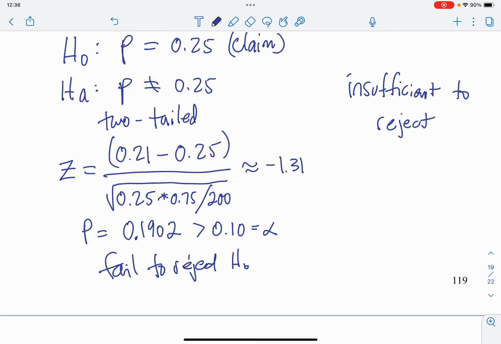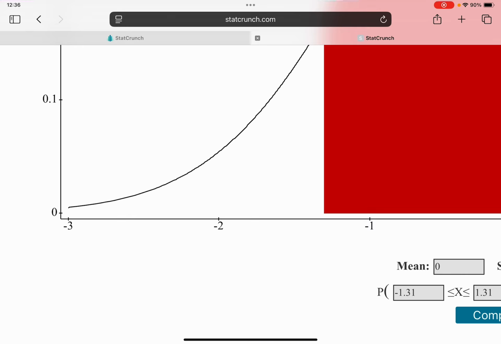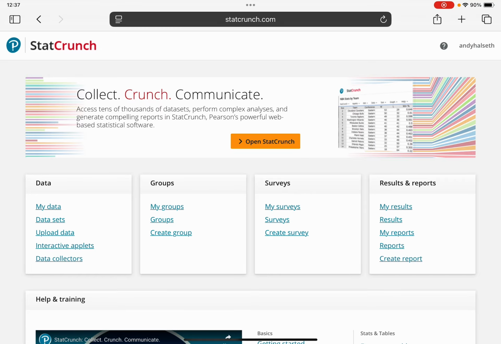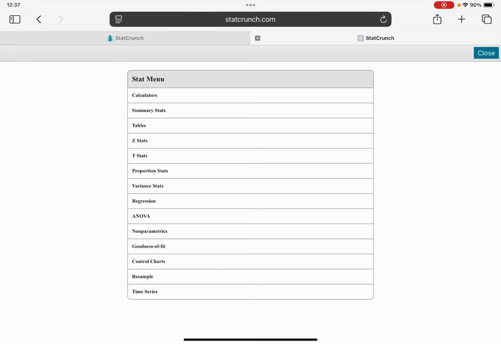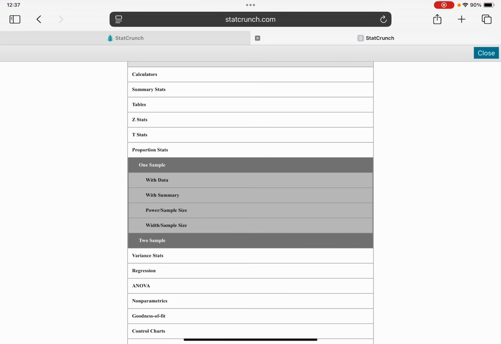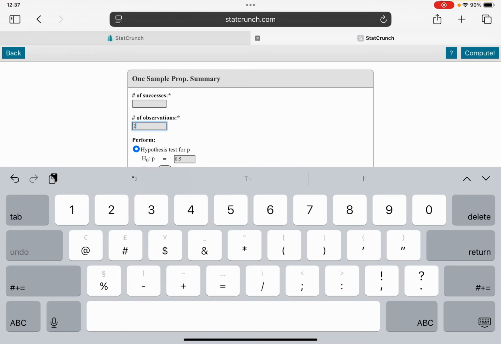That's that one. Now, if you want to do it all at once in StatCrunch, I'll do one more of those to show it. So I would go back to the normal page, open up a blank StatCrunch. That's when you can go to Stat, Proportion Stats, One Sample, With Summary. And this one, it did not give you the X. It gave you the n is 200.